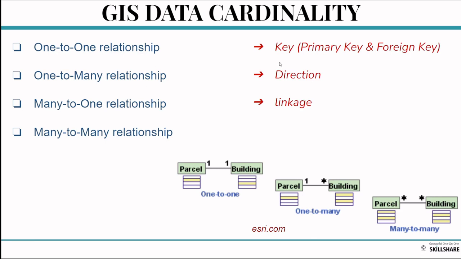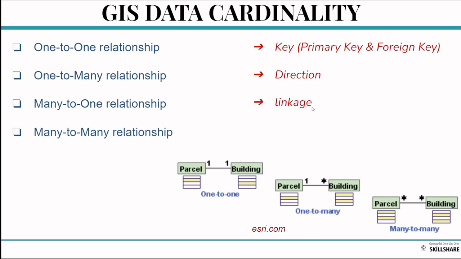In an attempt to do that, I want you to think about this. You would need a good understanding of keys; the basic ones I would focus on for now are primary key and foreign key. You also have to understand direction, as this is very inherent in most of the software that we use. There is direction and cardinalities. And secondly, we are looking for linkages.